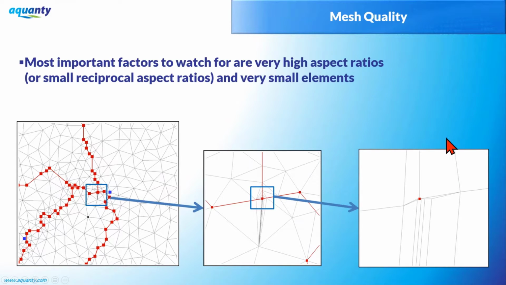So next, once we have created our final mesh, we need to evaluate the overall quality of our mesh, if it will be suitable for use in HGS. The two most important factors to watch out for are very high aspect ratios, meaning thin elongated triangles. High aspect ratio elements can cause numerical instability where the solution fails to converge, as well as very small elements which unnecessarily increase the node counts and thus the runtimes for our models.